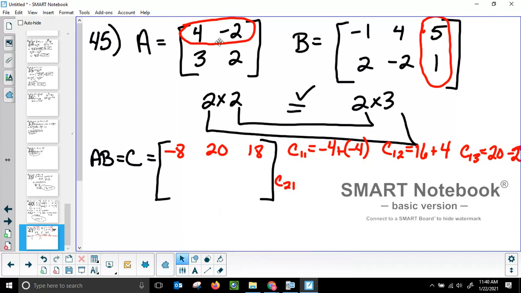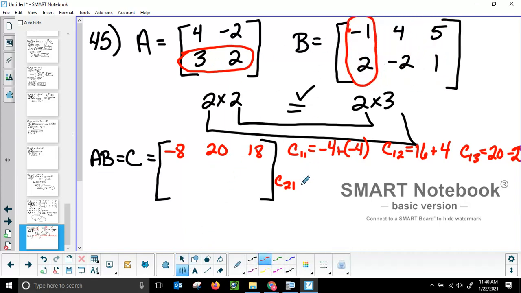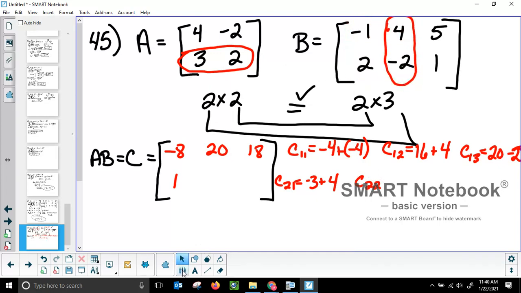So now I'm in second row, first column, and that will be -3 plus 4, which is just 1. C22. Now I'm in second row, second column, so I get 3 times 4 is 12, plus 2 times -2 is -4, so this is 8.